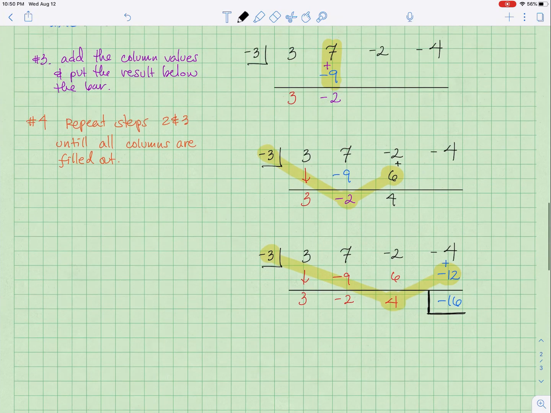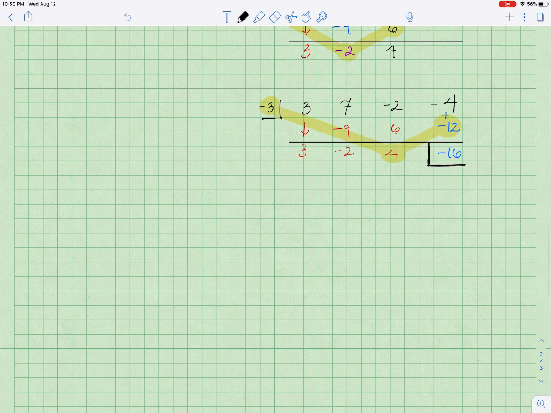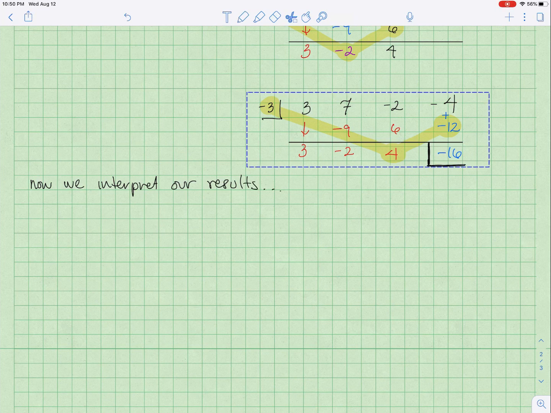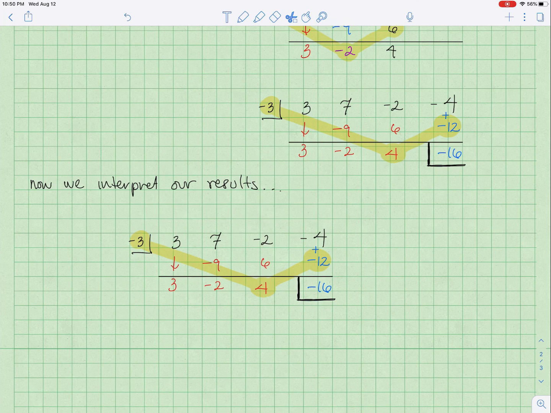So what's left? I said finally we need to learn how to do this, but we also now need to interpret our results. So first things first, let me actually duplicate this, and let me erase some of these markings. There we go. Perfect.